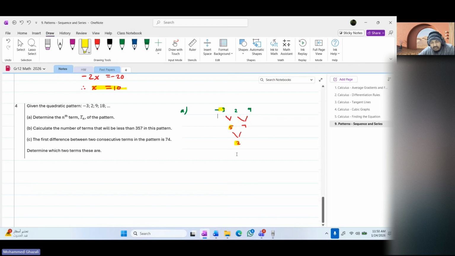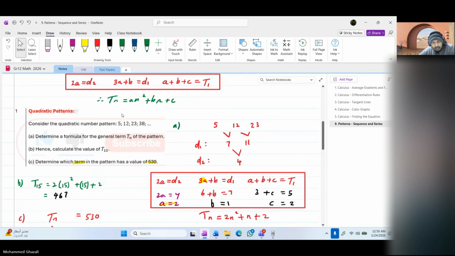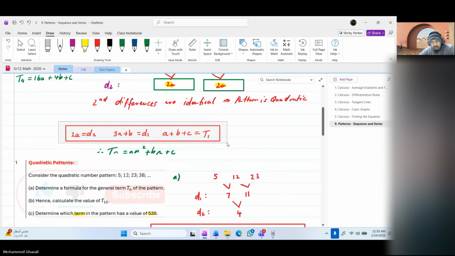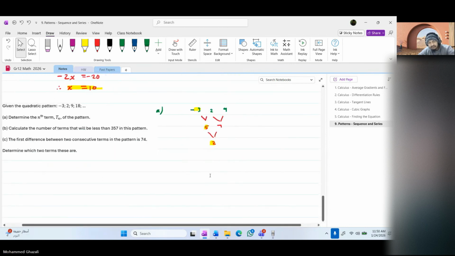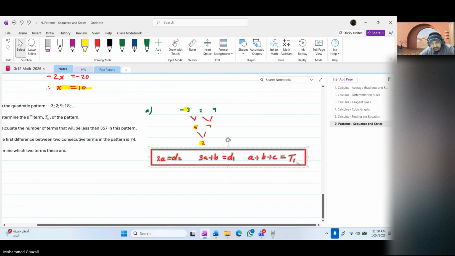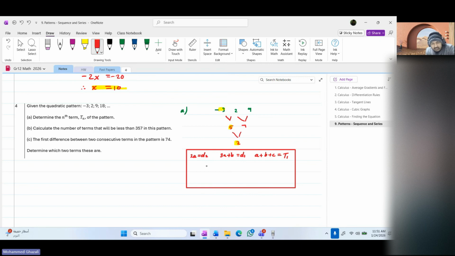So I will use the three formulas that I have again over here, and put it here and solve them. So as you can see, the formulas are 2a is equal to d2. So let's solve. 2a is equal to d2. So d2 is 2.